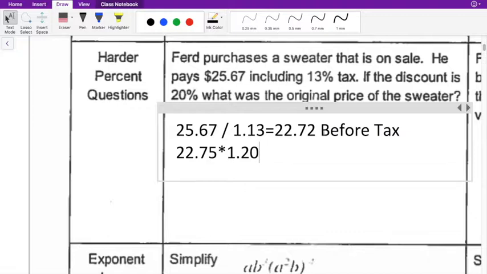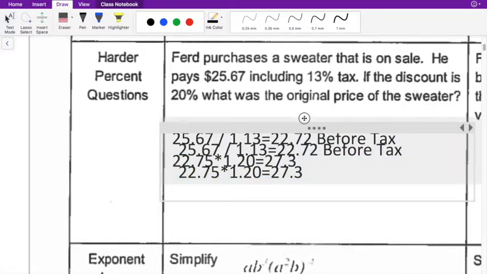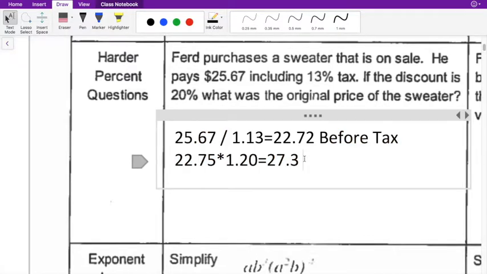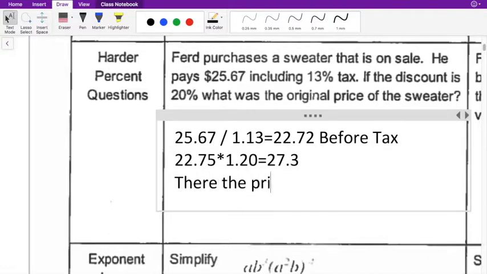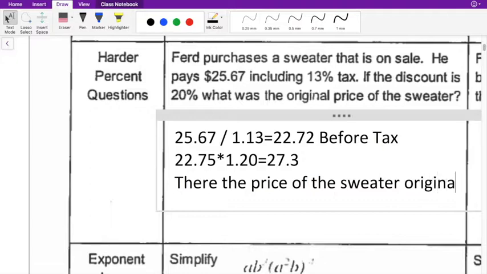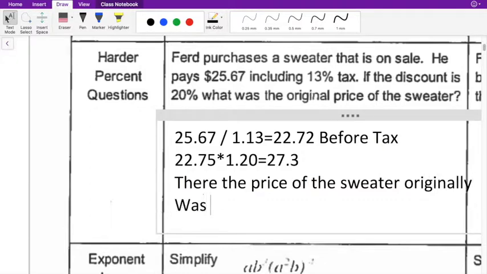This will give us the price before the discount was put on. So that means the original price of the sweater was $27.30. Therefore, the price of the sweater was $27.30.